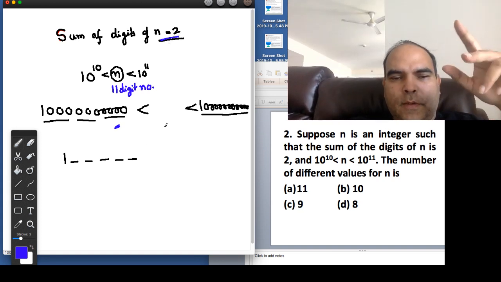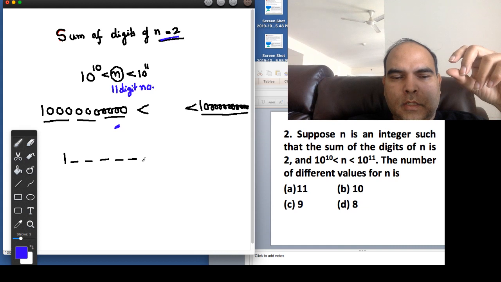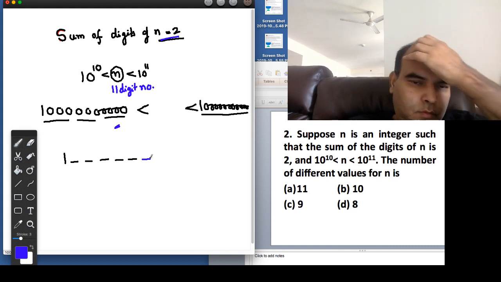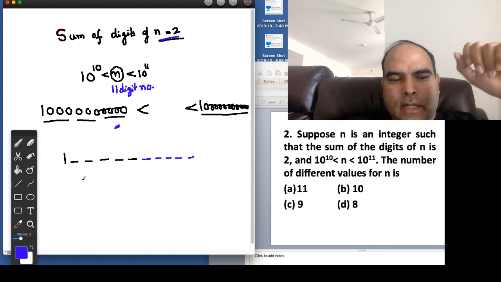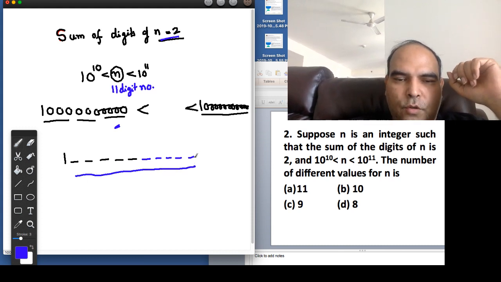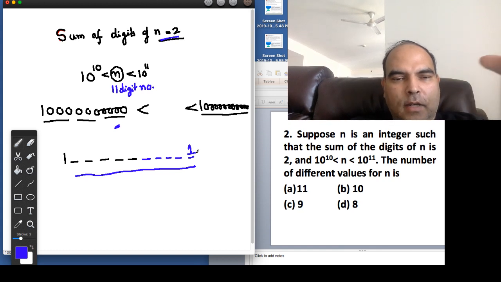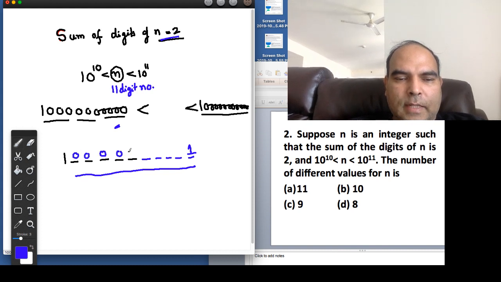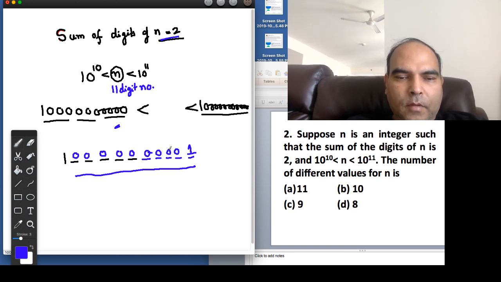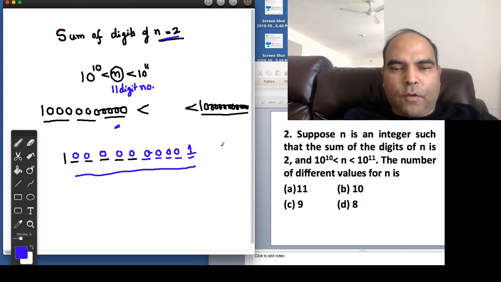And for n to be an 11 digit number with a sum of digits of 2, you can have a sum of digits of 2 by two ones. So there are 10 digits apart from this 1. If you put a 1 in any of those digits, you will get a sum of digits of 2. So for example, this is an instance of a number that gives you a sum of digits of 2.